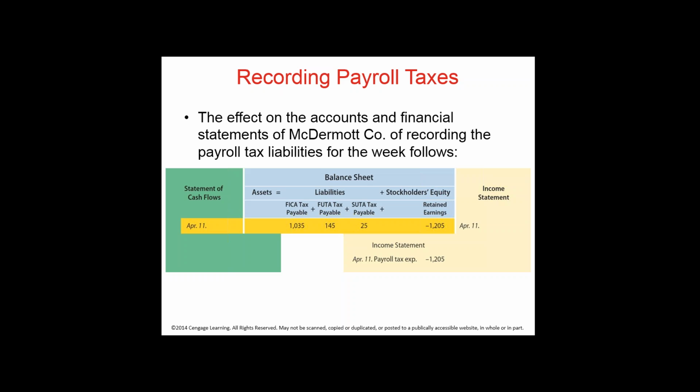FUTA, which is federal unemployment tax, we're given a dollar amount of $145. SUTA, state unemployment tax, we're given a dollar amount of $25. When we record those three payables, we will total those to come to $1,205, which will reduce our retained earnings and become a payroll tax expense.